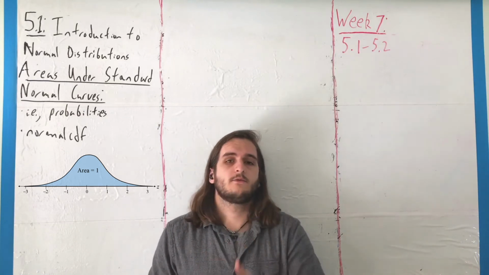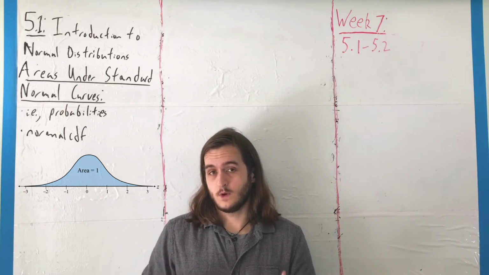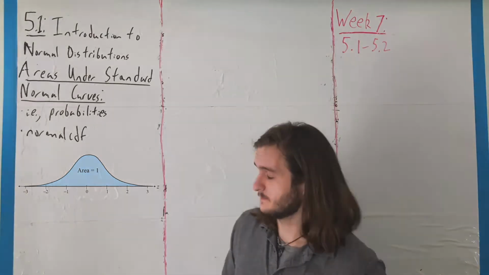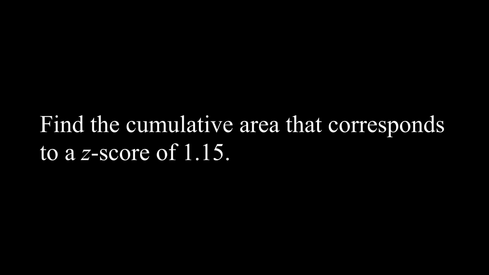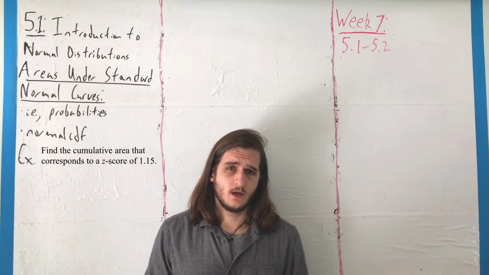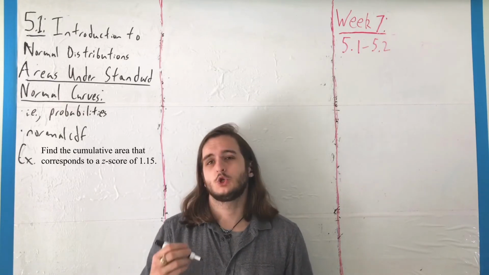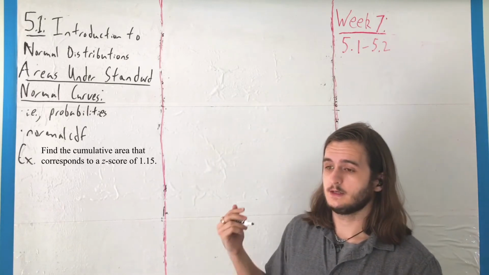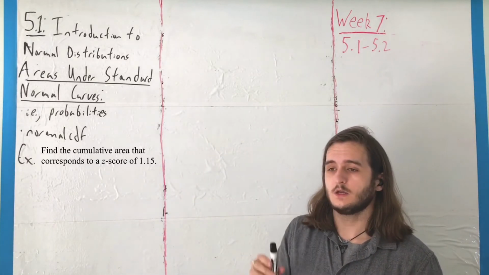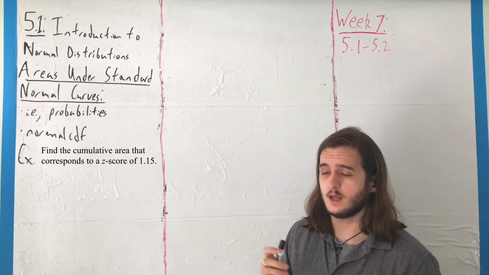Anyway, we're going to be seeing quite a few examples over the next couple of sections, but let's start with a couple of basic ones here. So for our first example, we want to find the cumulative area that corresponds to a z-score of 1.15. Now, with this sort of question, it's important to understand exactly what's being asked, because when we talk about cumulative areas, when we talk about cumulative distribution values, we're talking about accumulation up to a point, not usually beyond, and not usually between.